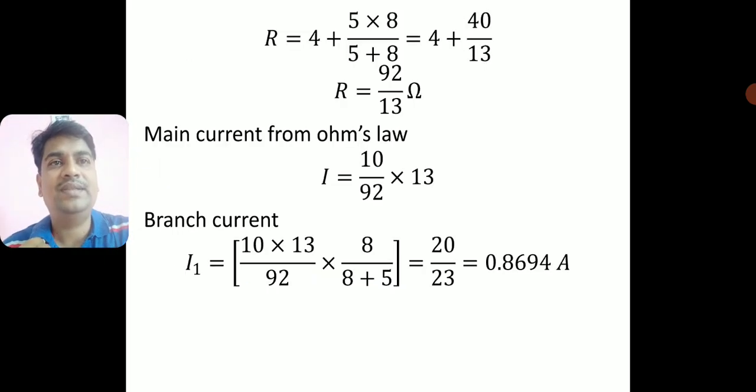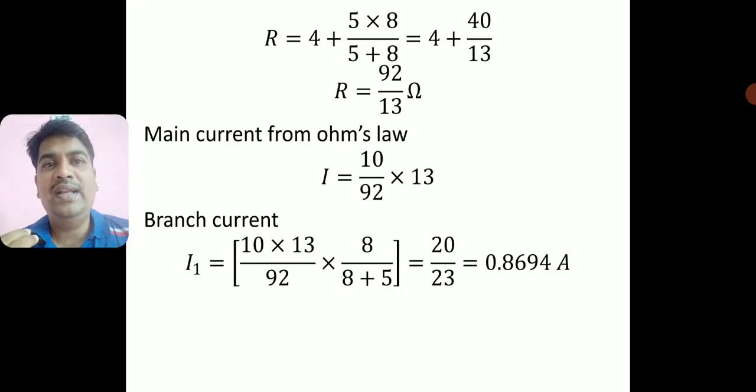So the resistance is 4 ohm in series with 5 and 8 in parallel. It is simply 4 plus (5 times 8) divided by (5 plus 8), which is 4 plus 40 by 13, that is 92 by 13 ohm. I have calculated the resistance.